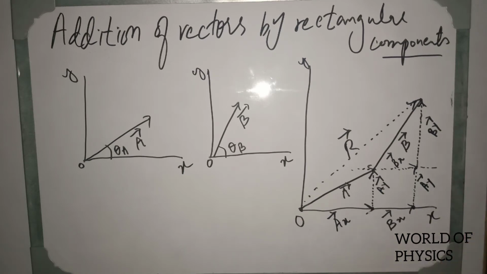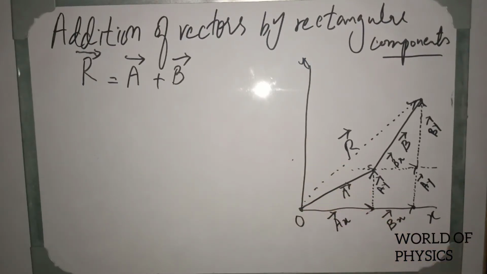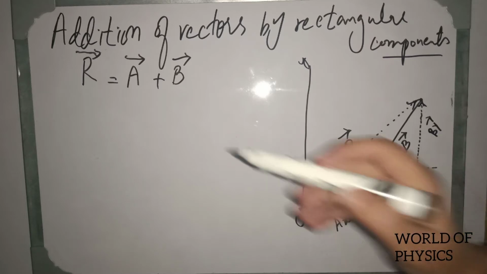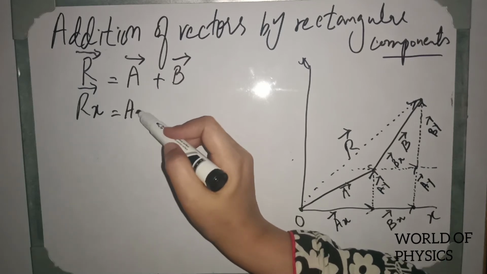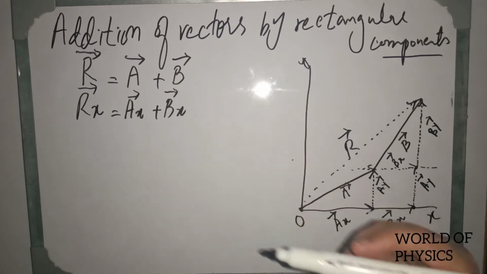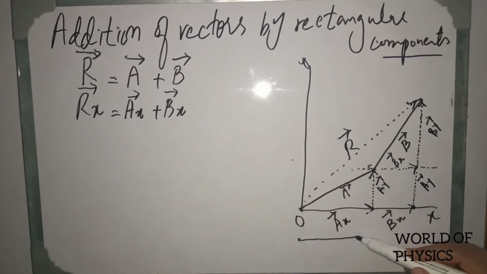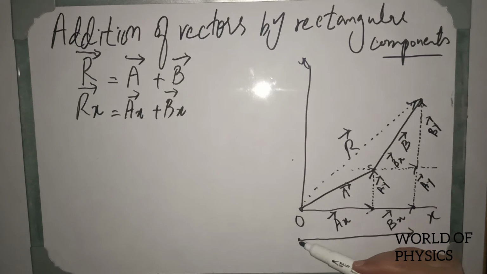Now we can say that we have got x component of A and y component of A, and x component of B and y component of B, as R equals vector A plus vector B, and Rx, that is x component of R, is equal to Ax plus Bx, that is x components of A and B. And you can see from this point up to this point is the x component of R, because R is from this point up to this point, and this is an addition of Ax and Bx.